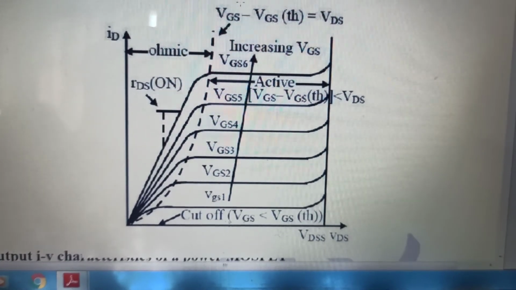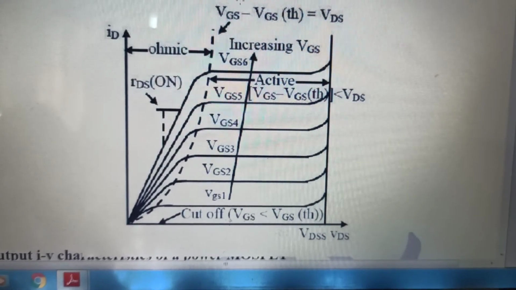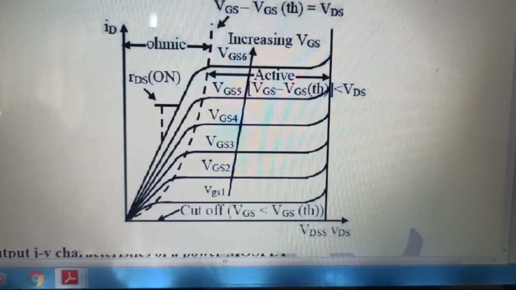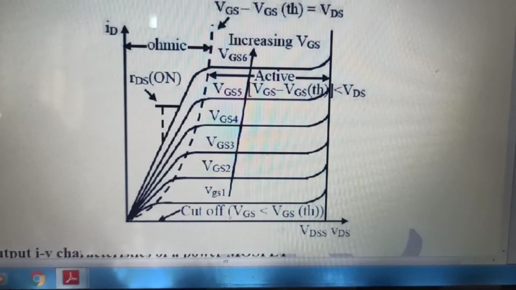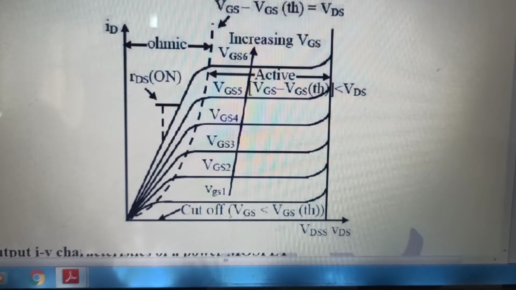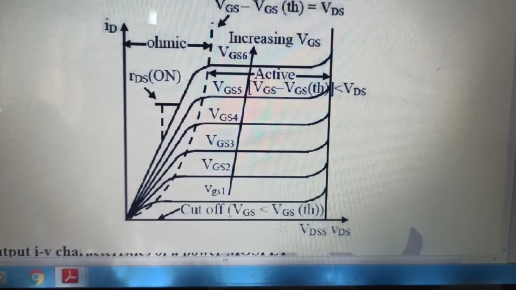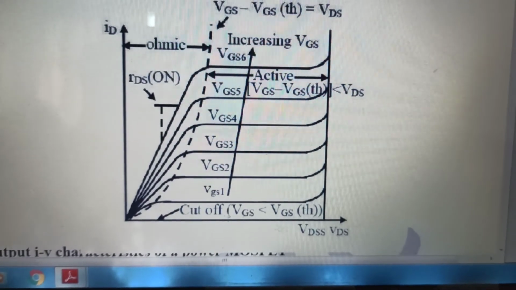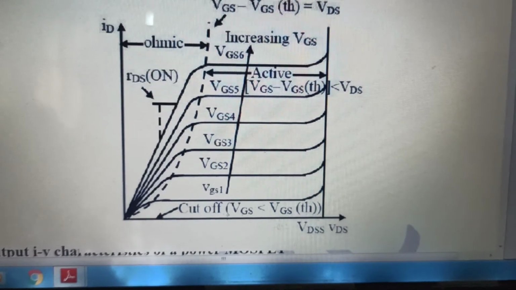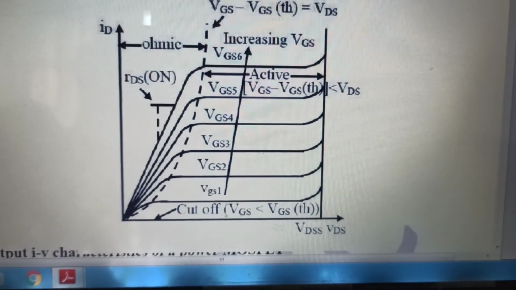After a certain value of VDS, that is the breakdown value, all the drain currents corresponding to the different values of gate source voltage, that is ID corresponding to VGS1, VGS2, VGS3, VGS4, VGS5, will start increasing rapidly.